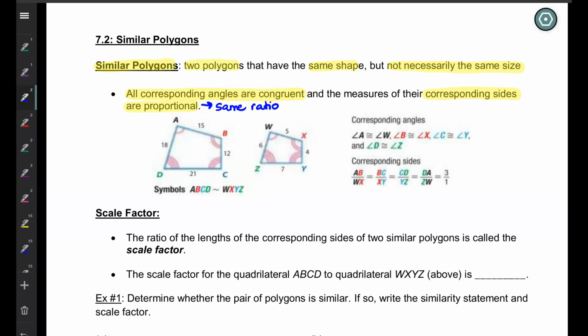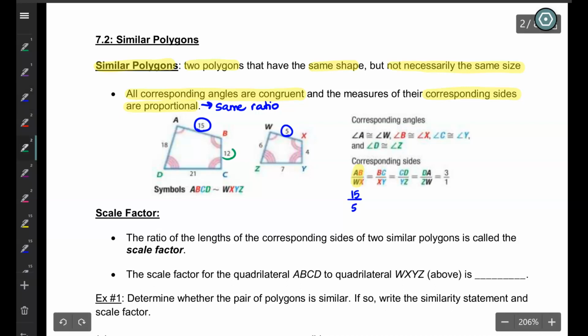Okay, so when we compare, for example, AB is 15. That's going to correspond to WX, right? So AB over WX, we look at that ratio. That's going to be a ratio of 15 over 5. Then we can compare BC to XY, and we have 12 over 4.